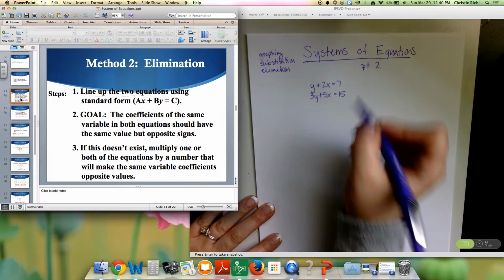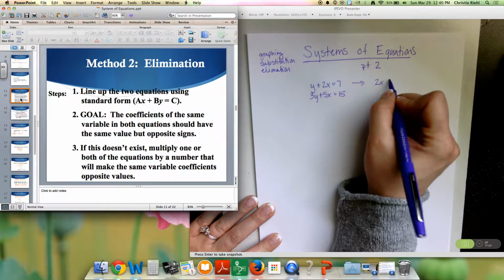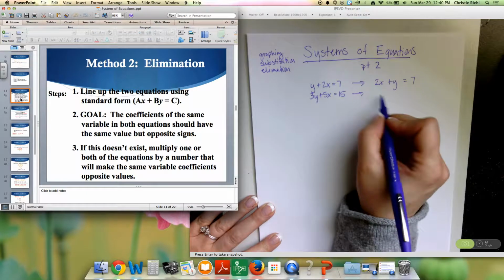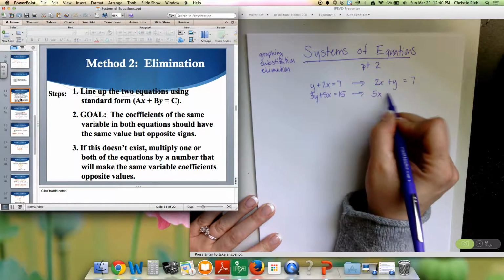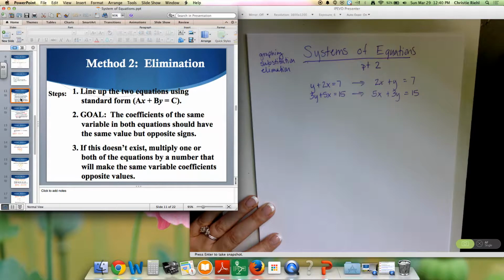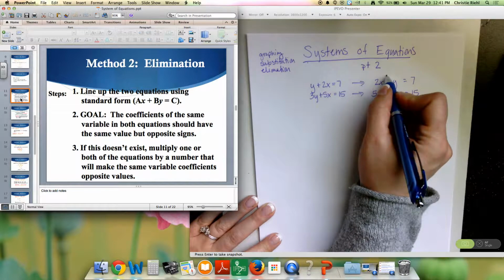So I could change that easily, and that would just be 2x plus y equals 7. And if I was to change this other one, it would be 5x plus 3y equals 15. All right? So you can see how very nicely these are lined up.